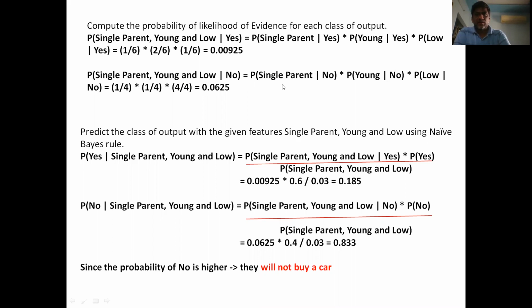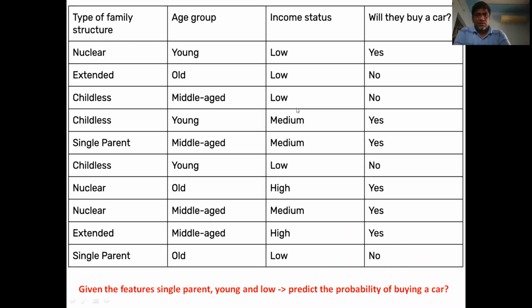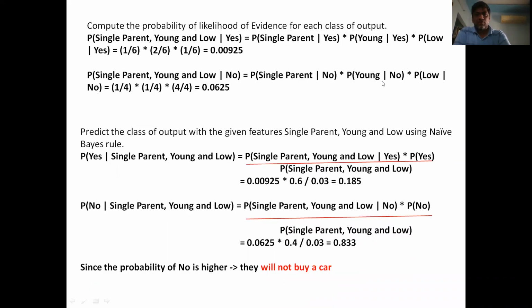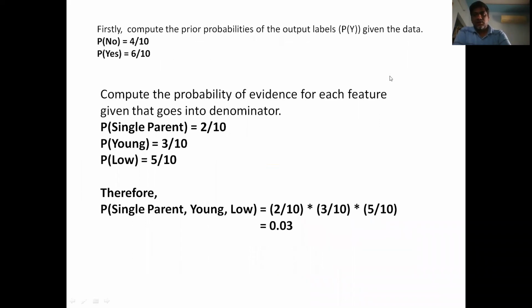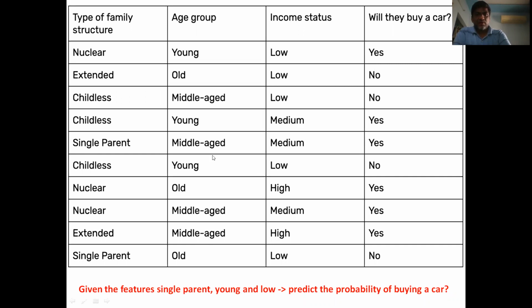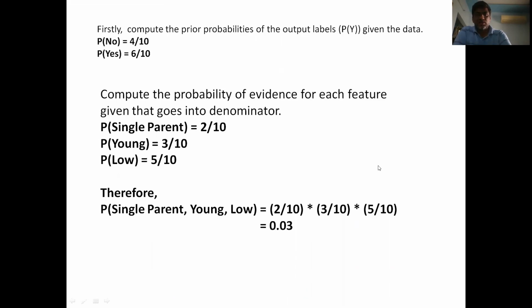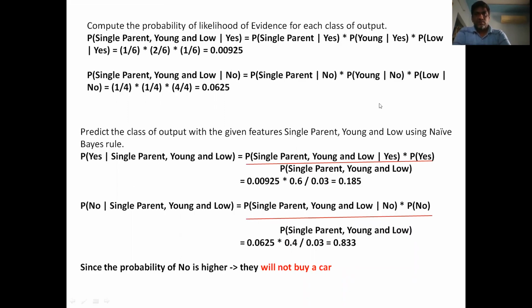So which can be identified from the table. Probability of single parent no combination. We need to identify probability of single parent no combination is 1. The count is 1 out of 4 no's. The categorical outputs are no, 4 for no, therefore 1 by 4, 1 out of 4, into probability of young given no, also you can identify it from the table. Young with no is only 1 out of 4 no's, therefore it is also 1 by 4. And probability of low given no is 4 by 4.